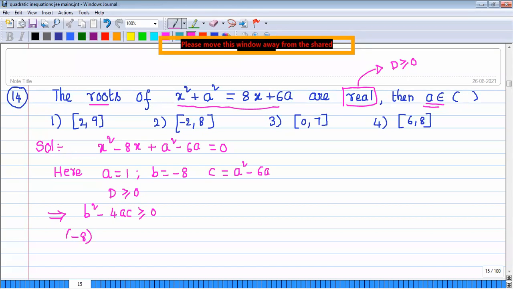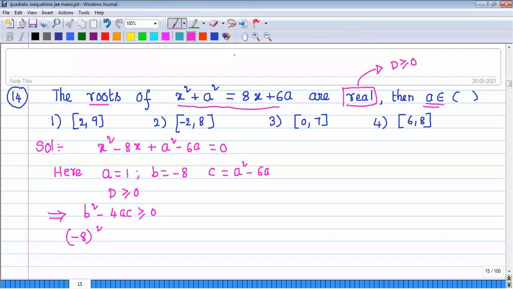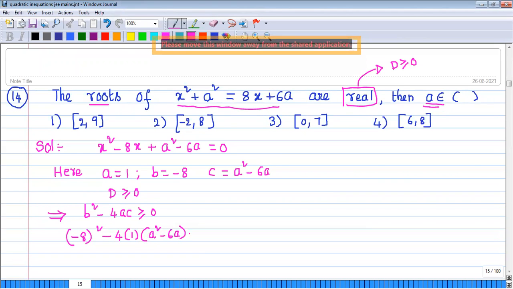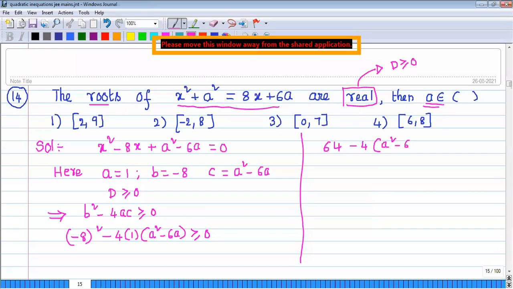So minus 8 square minus 4 times 1 times a square minus 6a greater than or equal to 0. That is 64 minus 4 times a square minus 6a greater than or equal to 0.